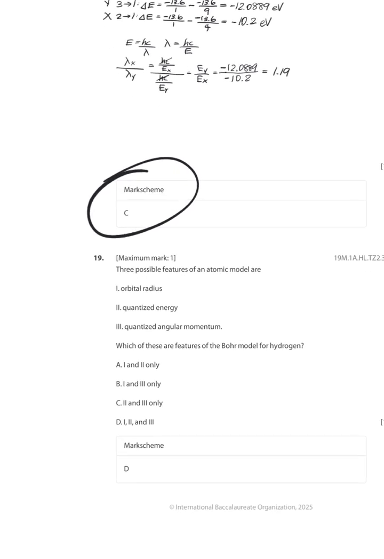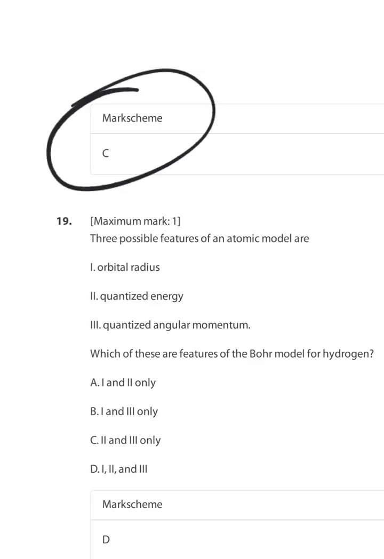And then we have 19, I believe, is the last question. So let's see. Orbital radius. These are the relationships for orbital radius, quantized energy, and quantized angular momentum. Just be careful with R. The R equals R naught A to the 1/3 is the radius of the nucleus, not the orbital radius of the electron. But the orbital radius of the electron is in mvr equals nh over 2 pi.